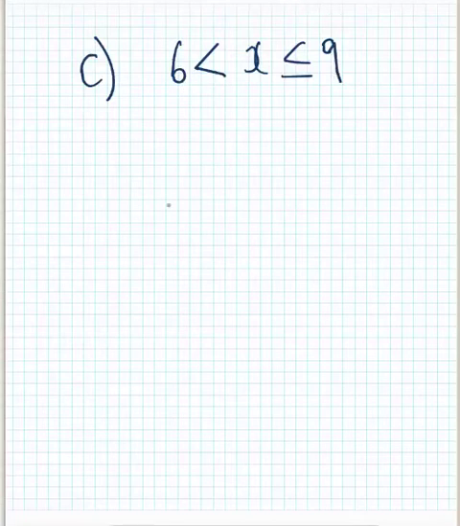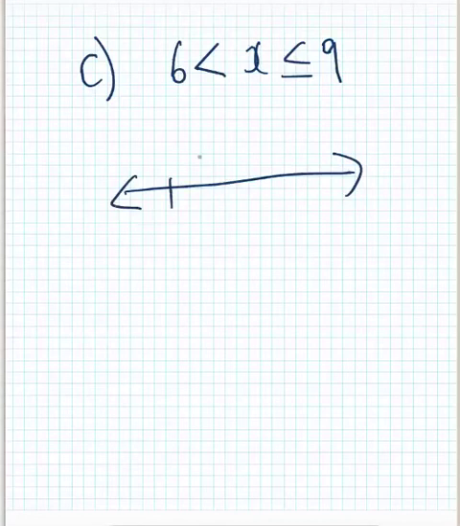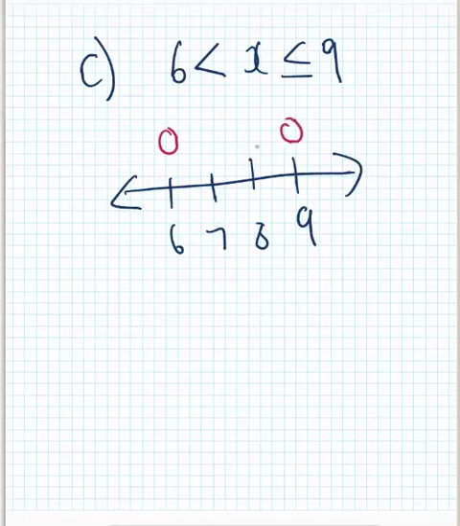So once again, with your number line, make sure you include 6 and 9. So I'll just write 6, 7, 8, and 9. Put a circle above both. And this one, all you're going to do now is join the circles up, because your number can be anything in between. Now, do we colour the circle above 6 in? No, it can't be 6, but it can be 9. So colour the 9 in. And that's it. This is saying my number can't be 6, but it can be 7, 8, or 9.